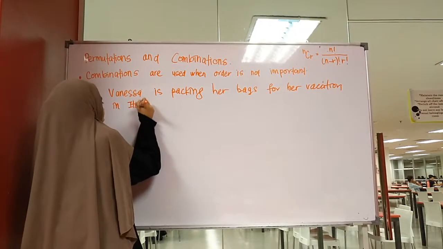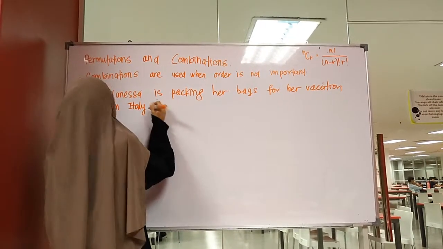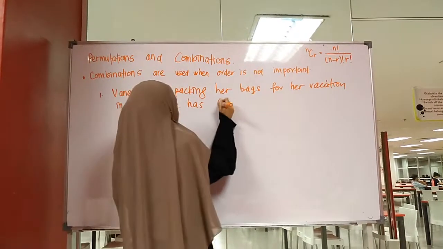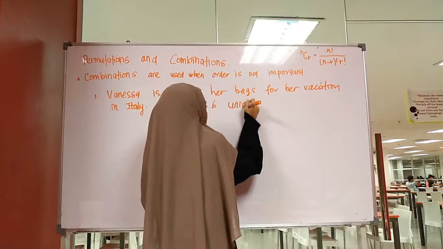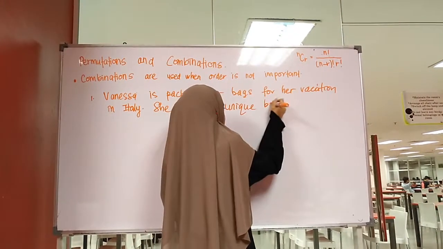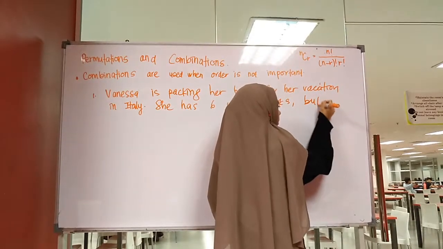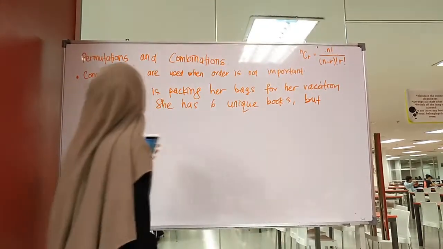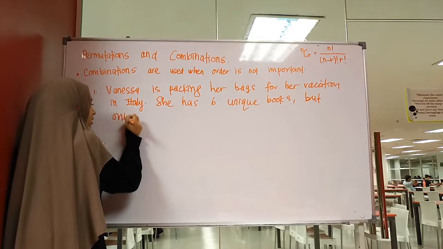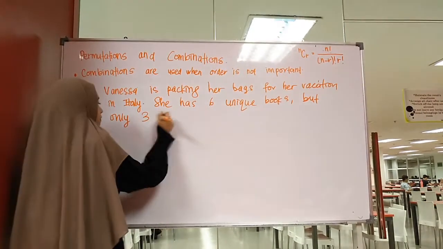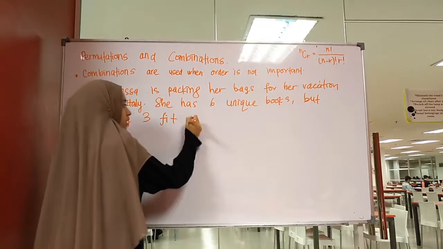You always wanted to go there, right, Vanessa? Okay. And then she has 6 unique books. But her bag is too small, so only 3 out of 6 unique books can fit in her bag.